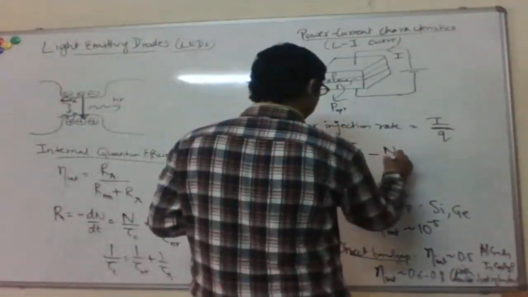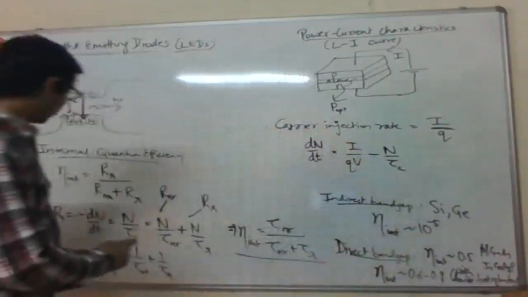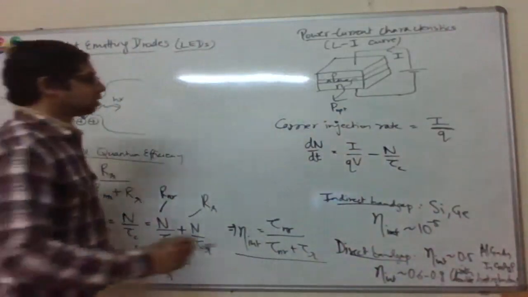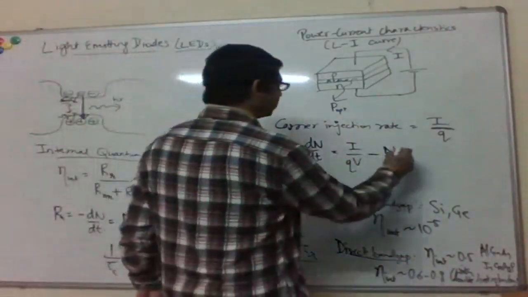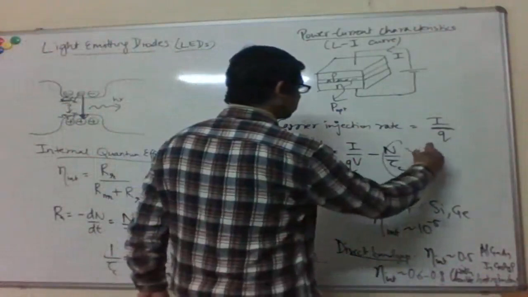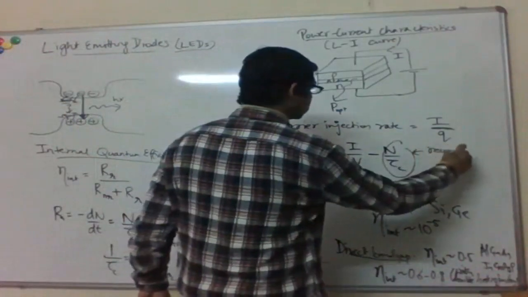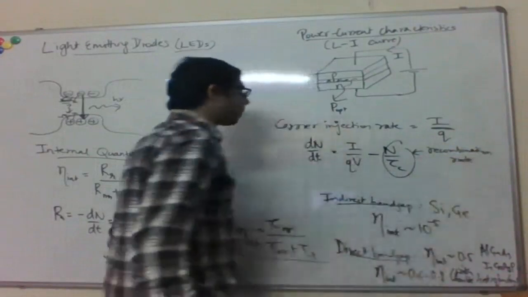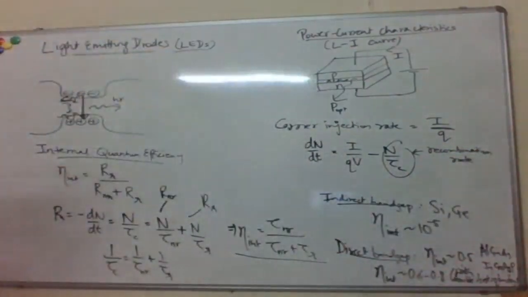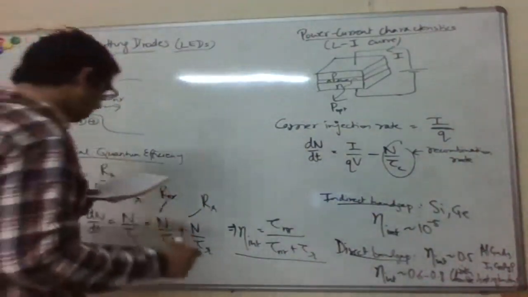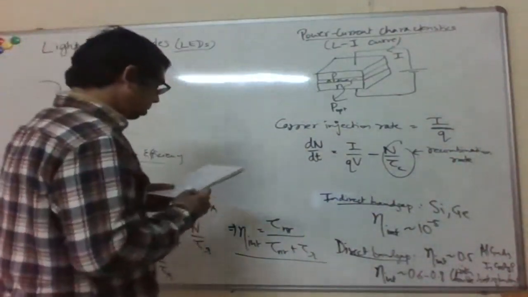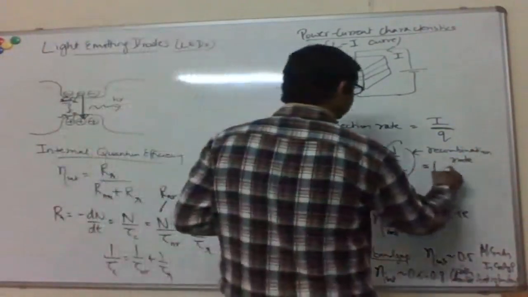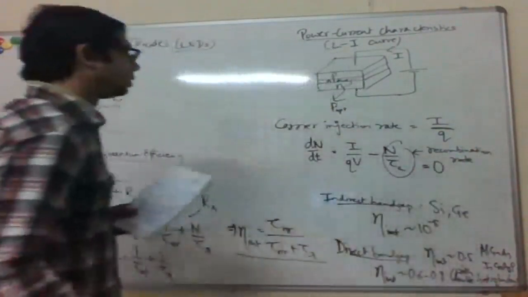So here dN by dt is basically I over q minus n by tau c, right? So this is the injection rate, and this is the recombination rate. Okay. So in steady state, basically this rate of change becomes 0.